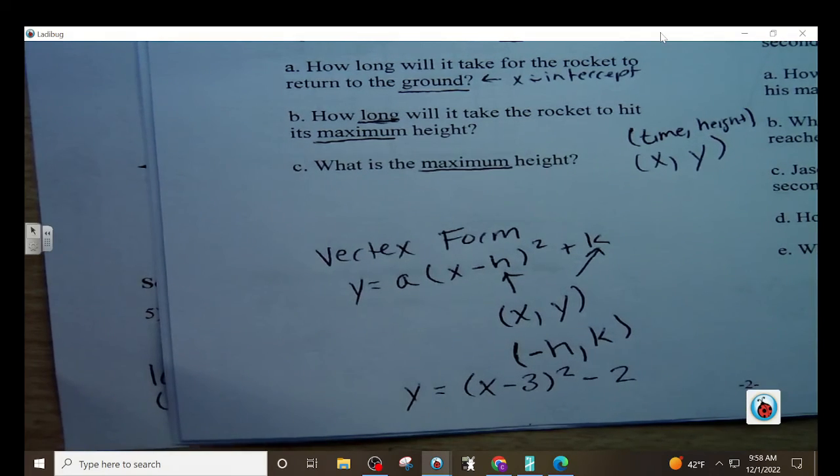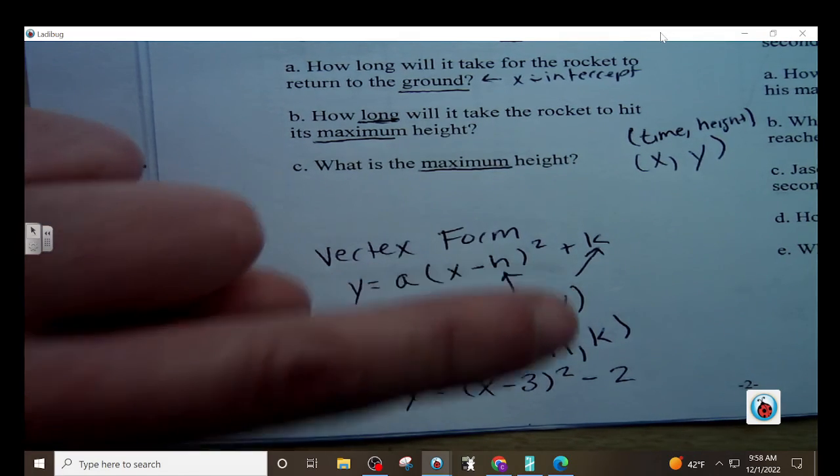So say I have a vertex form question like this. All right. Guys, in my problem, what's the H value? -3. -3. What is the K value? -2. Now, guys, listen to me. The H and the K are your vertex.